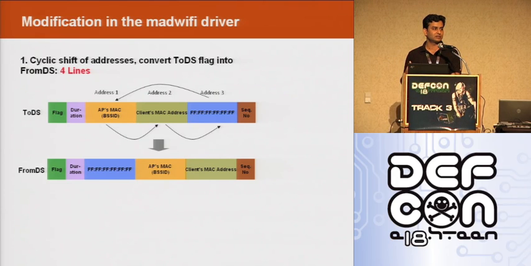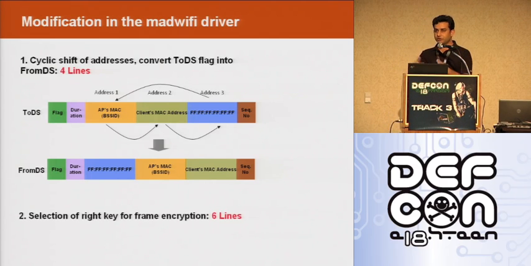And this requires 3 lines of code to do that, and 1 line of code to change the To DS flag to the From DS flag. So in 4 lines of code, you can actually convert a To DS packet into a From DS packet.